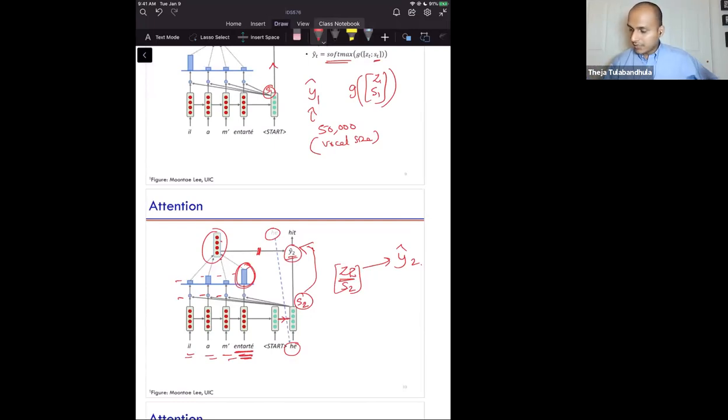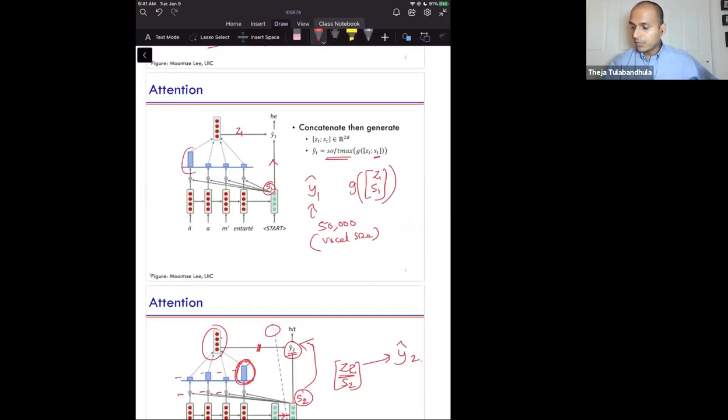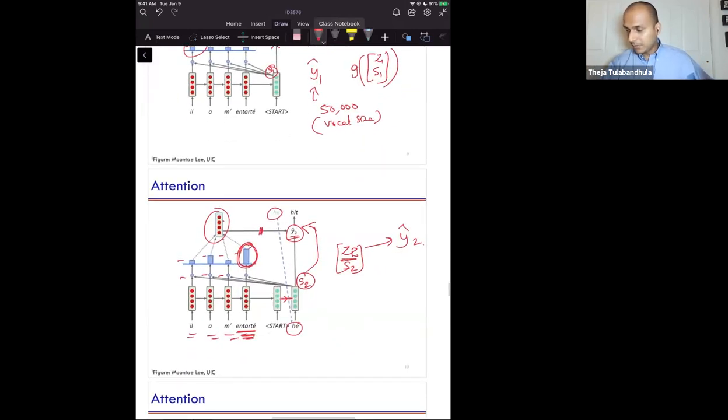So that's what this example is trying to show. For example, maybe for the first word, you do want to refer back to what the first word was in the input. Okay, so that's the notion of attention. While generating the first word, you're focusing on the hidden output produced by the first word, and for producing the second word, you happen to focus on the last word.